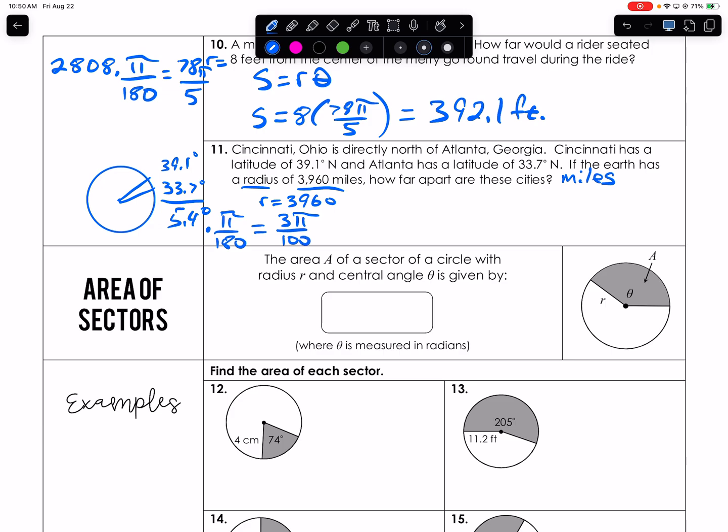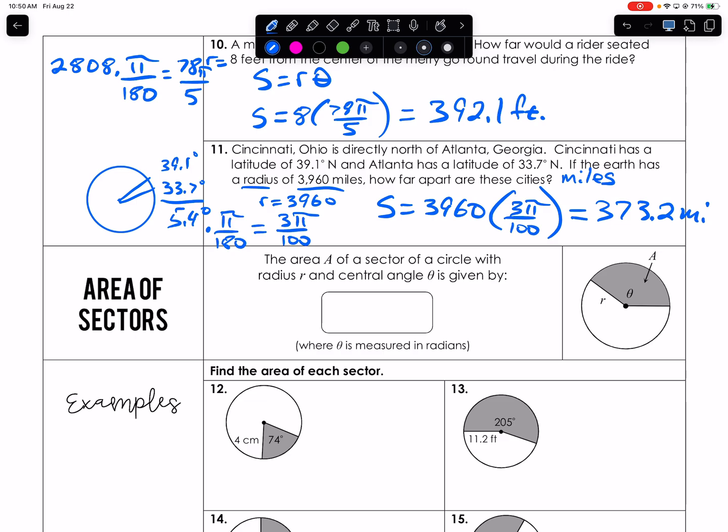So we have theta in radians and we have the radius, so we just multiply those two together and that's our answer. So S equals the radius, 3960, times 3 pi over 100, and that equals 373.2 miles.